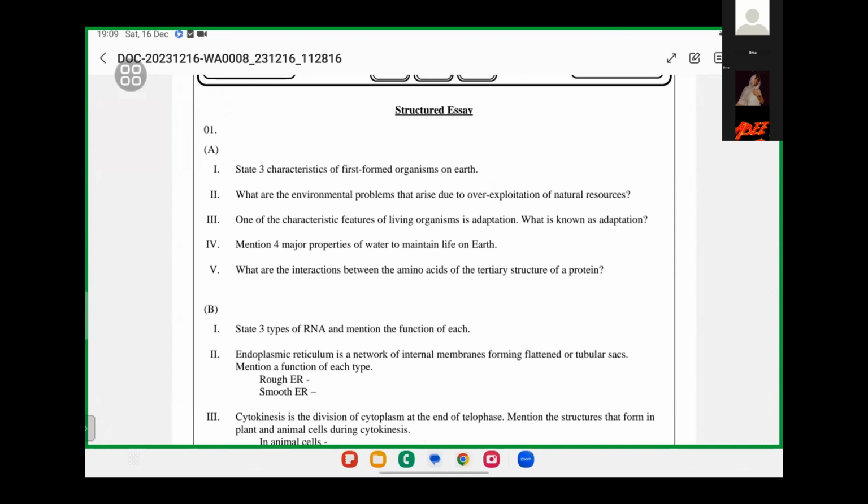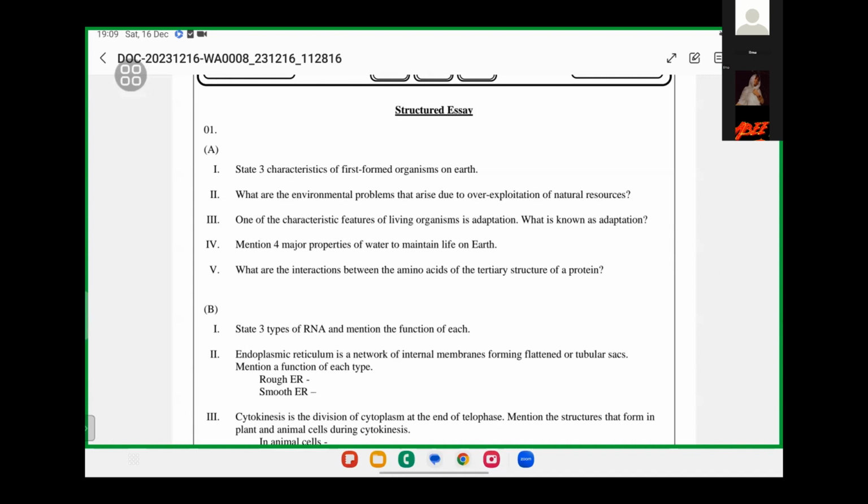The first thing is, state 3 characteristics of first formed organisms on Earth. You all know the first formed organisms should be prokaryotic and anaerobic because there's no oxygen on Earth. And the third thing is heterotrophic because there are no plants to supply food.